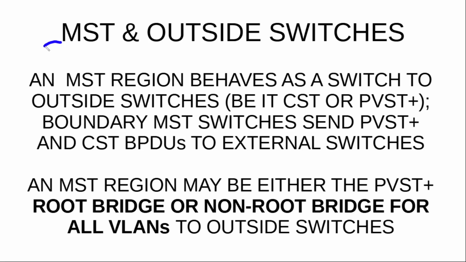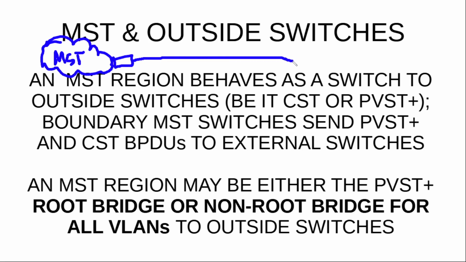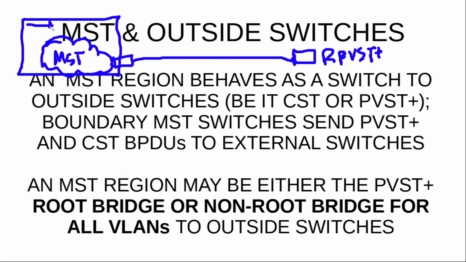Now when you're configuring your MST region or MST domain, you will have border switches, and if you are connecting these border switches to, for instance, a switch that only manages rapid spanning tree or rapid per VLAN spanning tree plus, your whole MST domain will behave as a really huge switch.